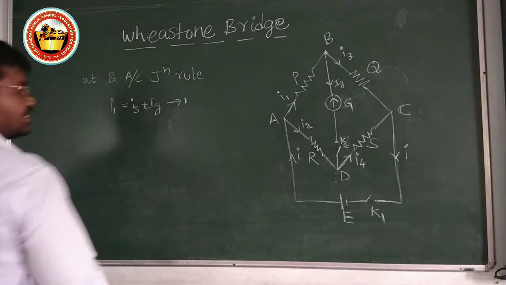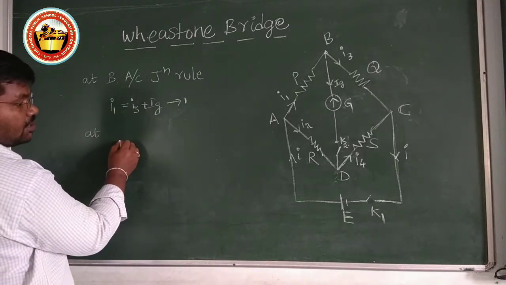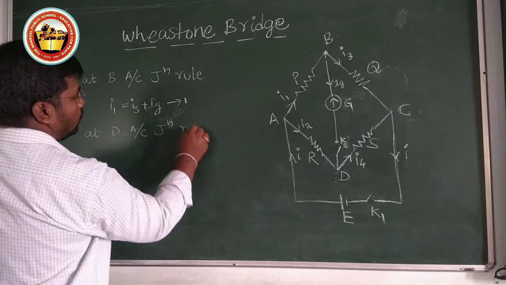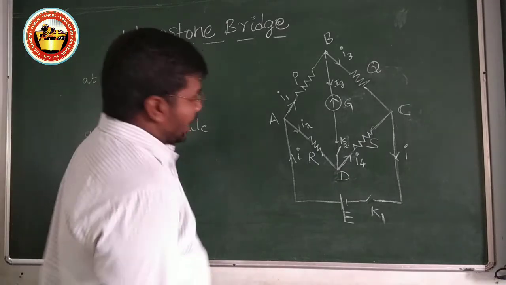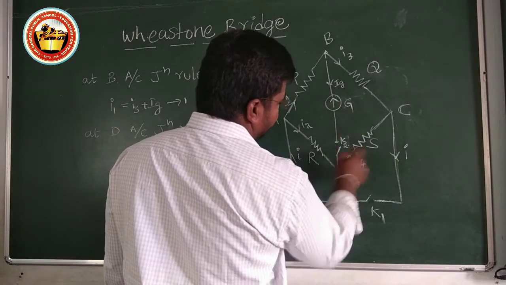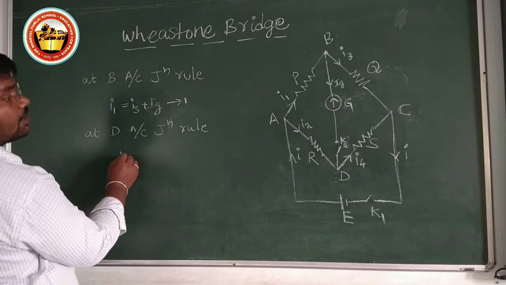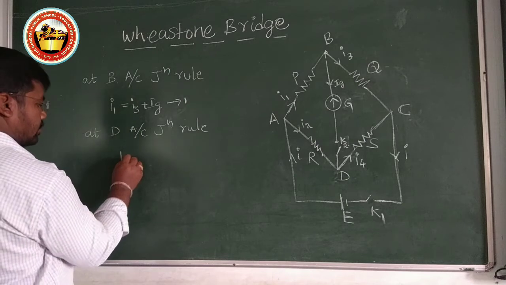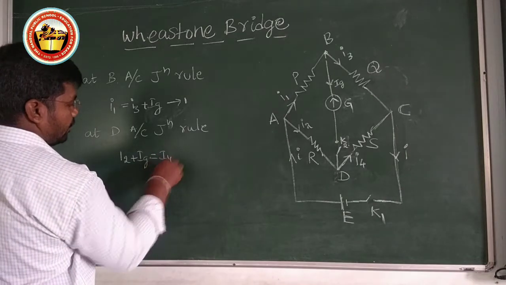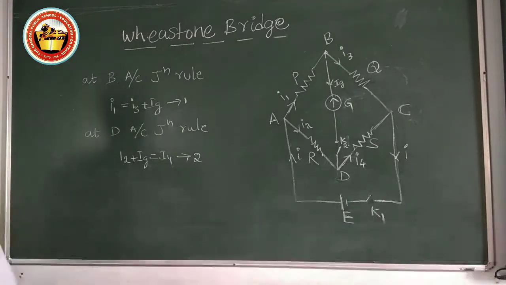So at junction D, according to the junction rule, the current I2 enters junction D, so we get I2 plus IG is equal to I4. This is equation 2.